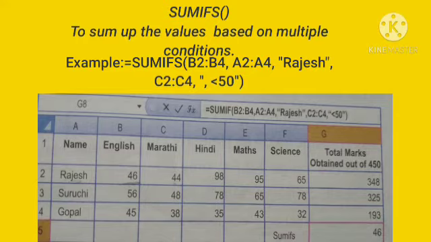In the above example, the total will be done in the B2:B4 cell range, means 46, only for the cells having the value Rajesh in cell range A2:A4 and Marathi marks less than 50 in cell range C2:C4.